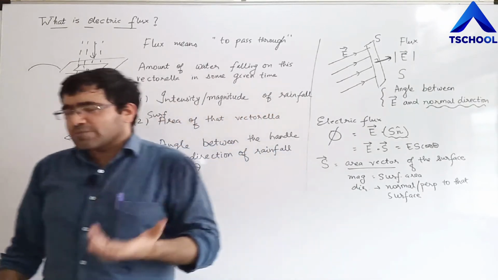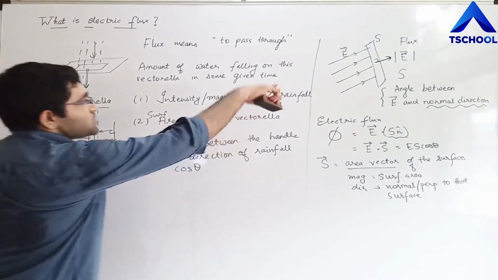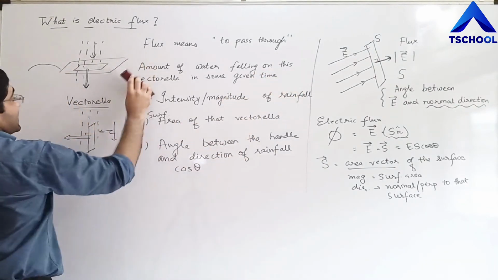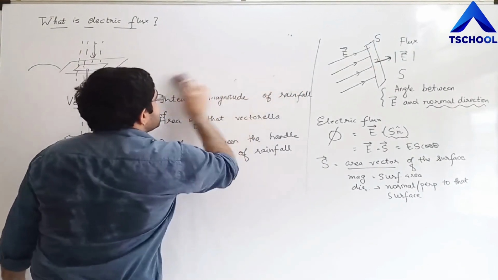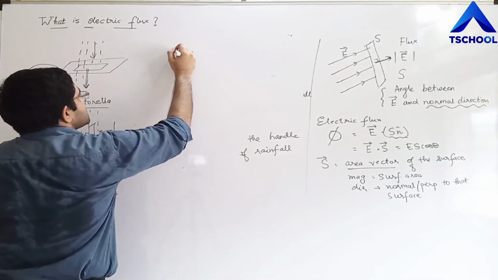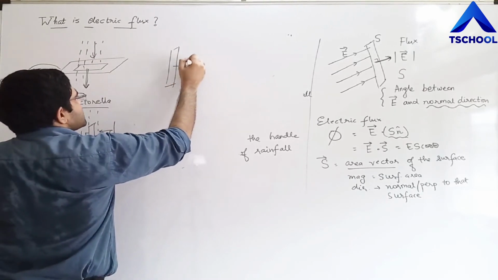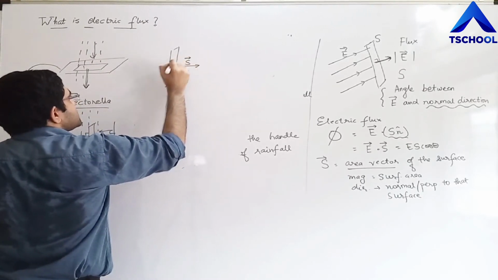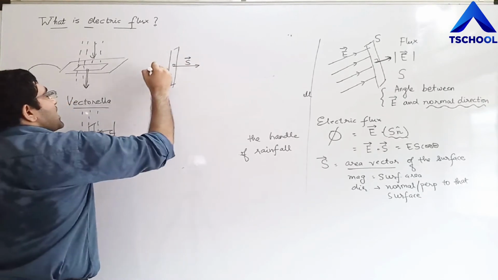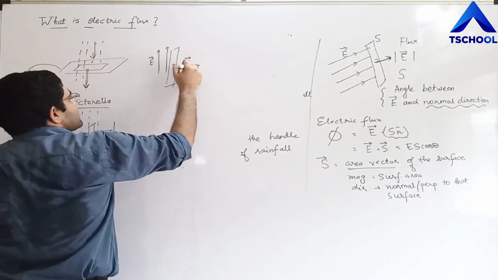So I'm sure you realize that if we turn that surface by 90 degrees, let's say it's something like this. So let's say this is a surface, right? Its area vector is in this direction, as usual normal to the surface, and the electric field is in this direction. Suppose it's uniform again, I'm keeping it simple.